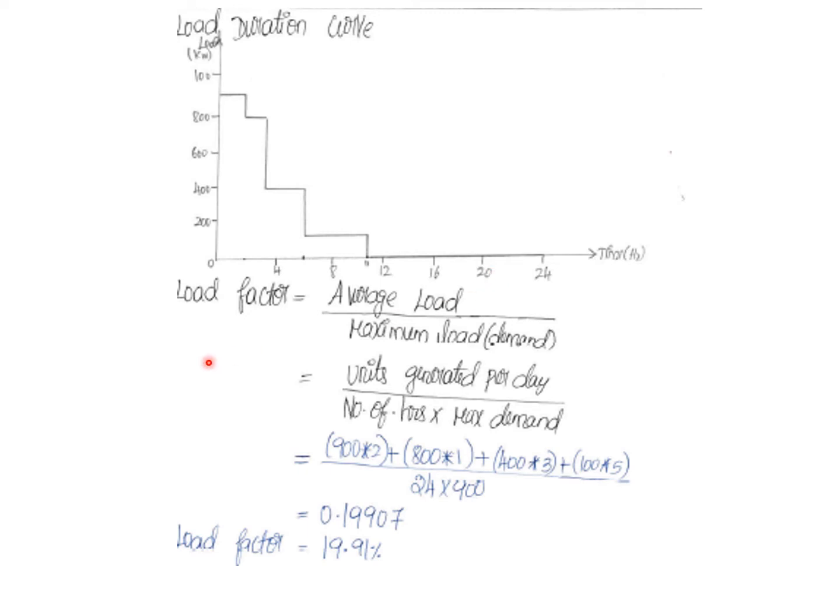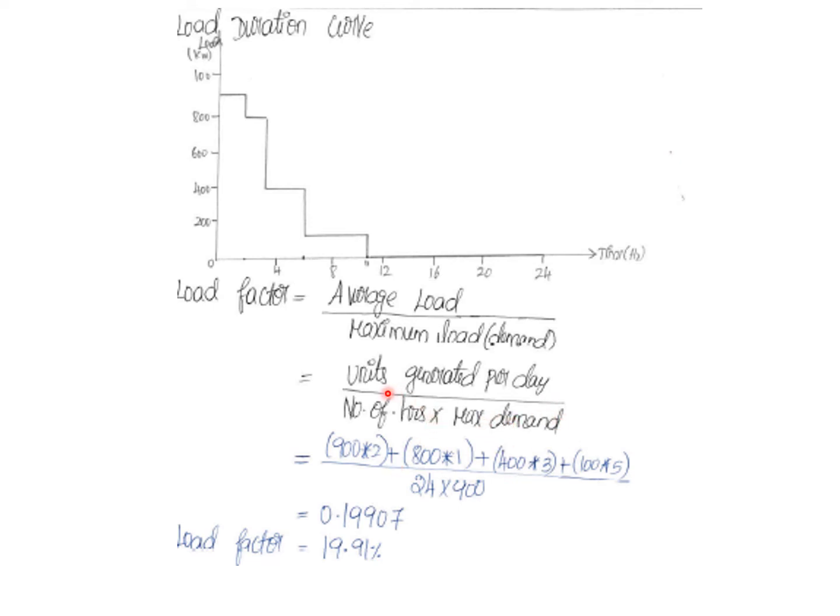From the load curve we can find the average load, and from the average load you can calculate the load factor. The formula for load factor is average load divided by maximum demand. The average load is units generated per day divided by number of hours. From the load curve, the maximum demand is 900 kilowatt.